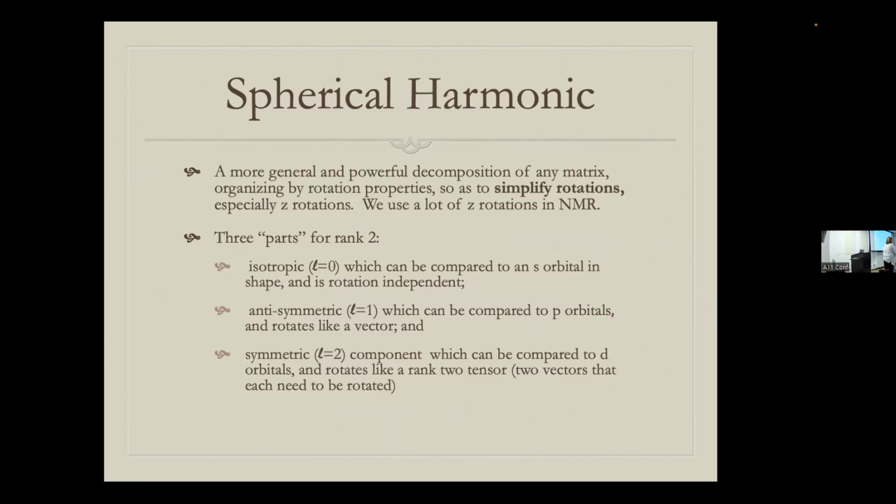It's a vector, like a p orbital. And this is like an L equals 0, like an s orbital. And the part that we need to wrestle with is like an L equals 2, like a d orbital. It is symmetric, but it's not isotropic. It needs to be rotated. It rotates like a rank 2 tensor. So it has funny rotation properties.